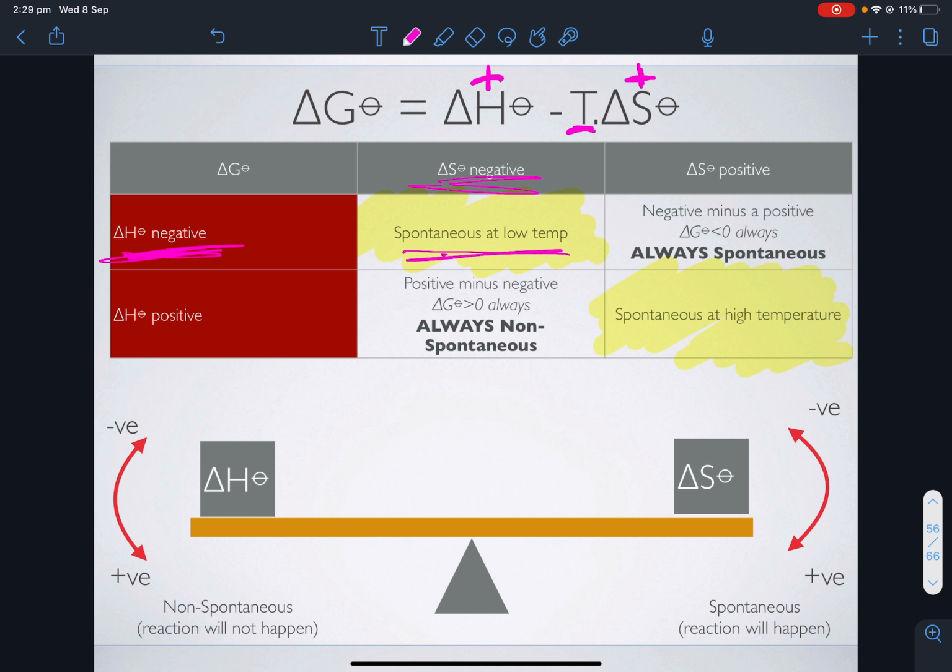Okay, but as we increase T and T gets bigger and bigger and bigger, the minus T delta S gets a bigger and bigger number, and it's more and more likely to overcome the enthalpy value and turn Gibbs free energy negative, okay? So under these conditions, spontaneous at high temperatures. All right.